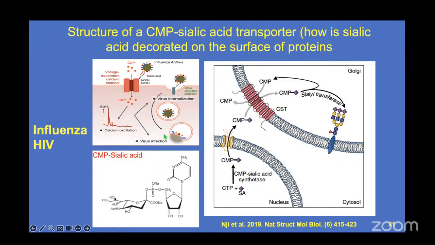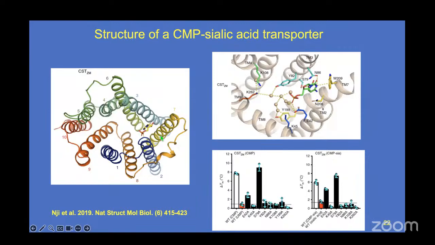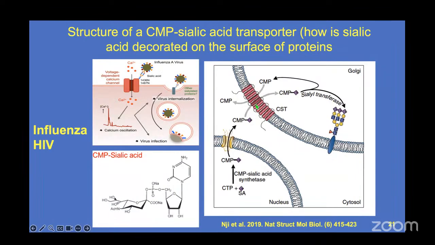So my research helped to solve the structure of this protein, the CMP sialic acid transporter, which transports CMP sialic acid from the cytosol into the Golgi for glycosylation to take place, for the sugar molecule to be added to the glycoprotein.